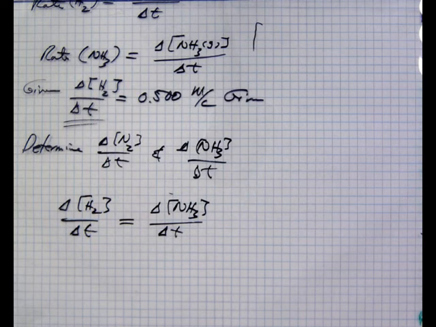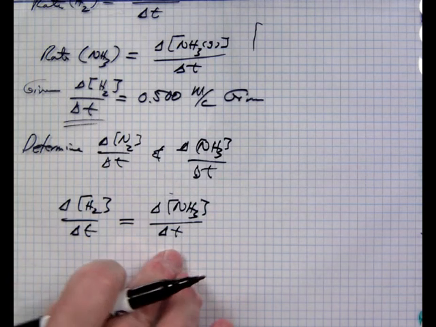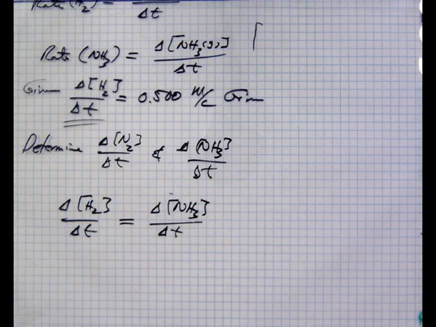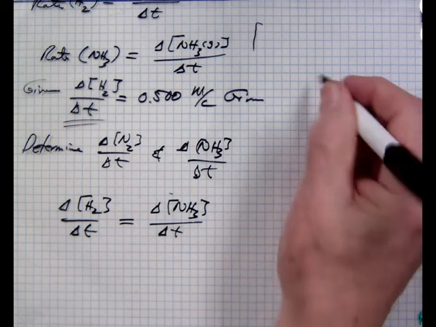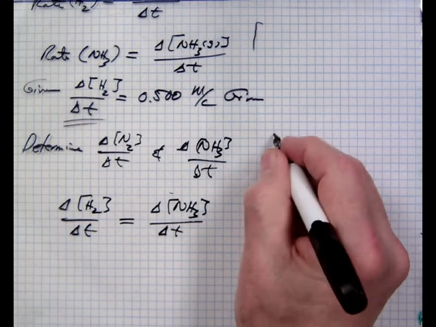So we equate those two, and what we want to do is put coefficients in front of them. Okay? So that one is honestly equal to the other. Now, in the nature of the reaction, I'll rewrite the reaction over here.